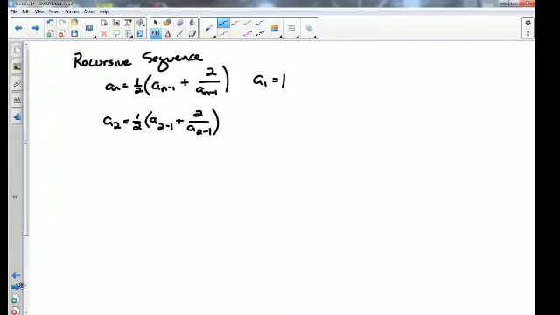And this is going to be what number? 1, right? This is a sub 1, so we just take a sub 1 and put it in those 2 spots. So 1/2 (1 plus 2 over 1), which is 3 over 2, right?